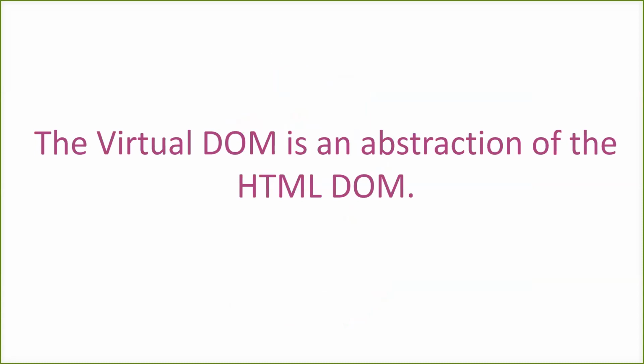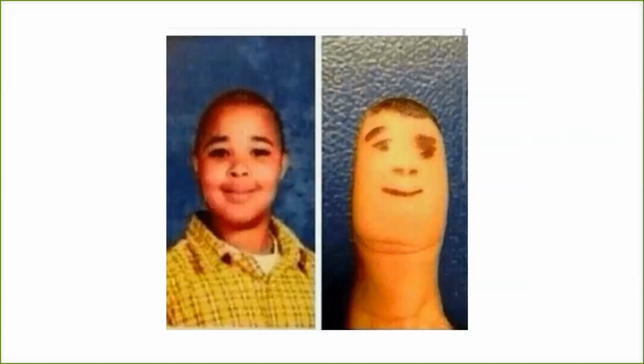As I read forward, the virtual DOM is an abstraction of the HTML DOM. I was like, okay, abstraction. So is it something like this? The virtual DOM is similar to your real DOM, but not exactly the same. It's kind of an abstraction of your real DOM, which is created as I showed in the previous slides.